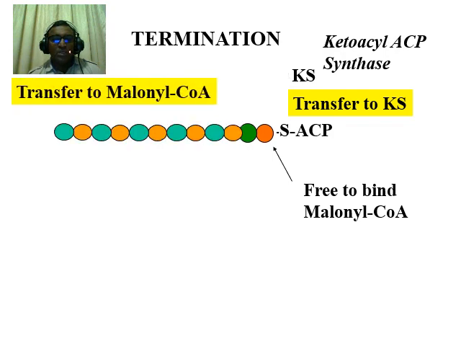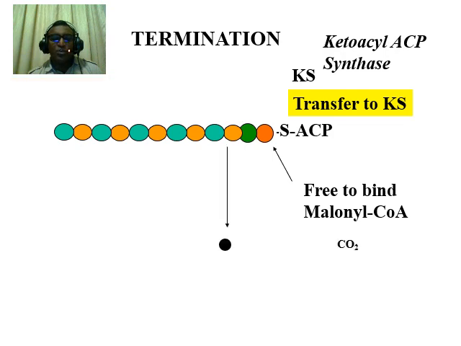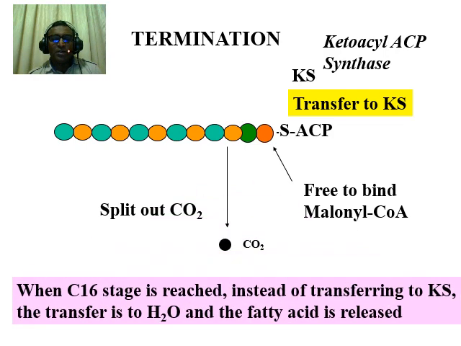But what happens next is there will be no further reattachment of the 16 carbon to the condensing enzyme, but instead it will come out catalyzed by thioesterase to form the palmitic acid. So that causes the product release of the palmitic acid by fatty acid synthase.